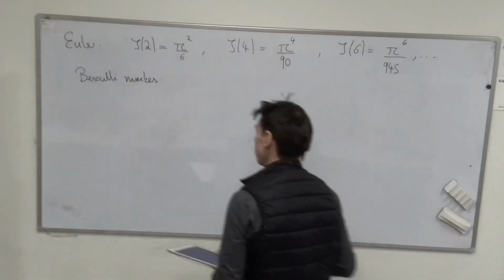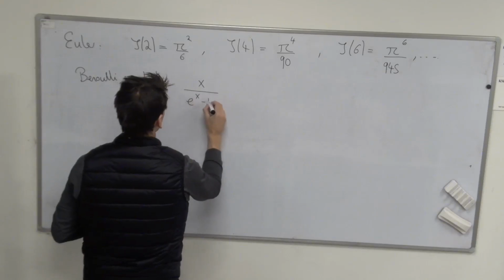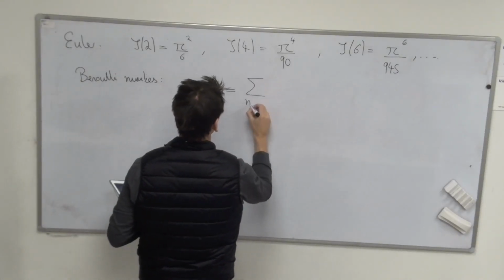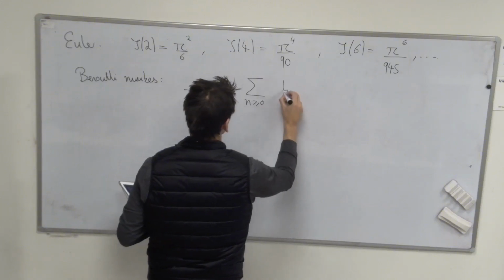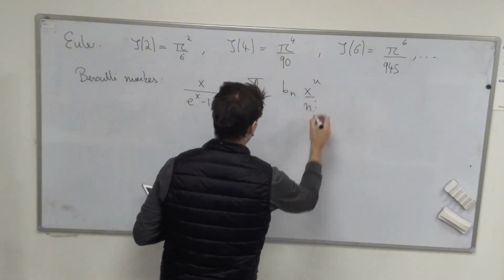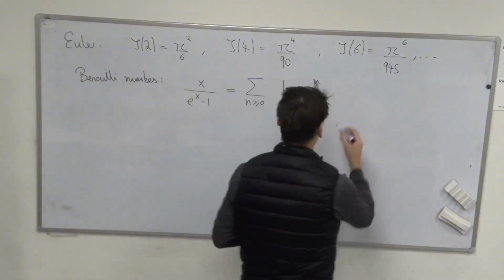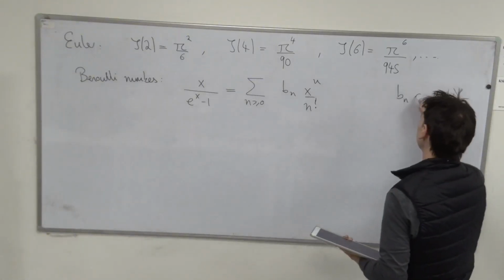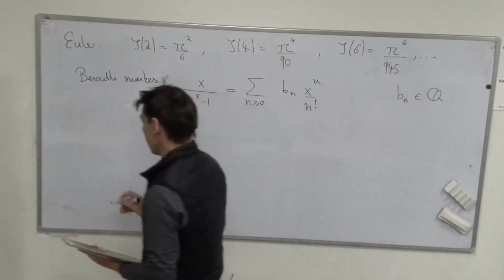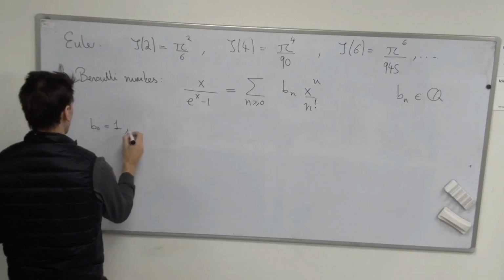So we define x over e to the x minus 1 as the sum of Bn x to the n over n factorial. The coefficients Bn are certain rational numbers. If you expand this, you see that B0 equals 1.